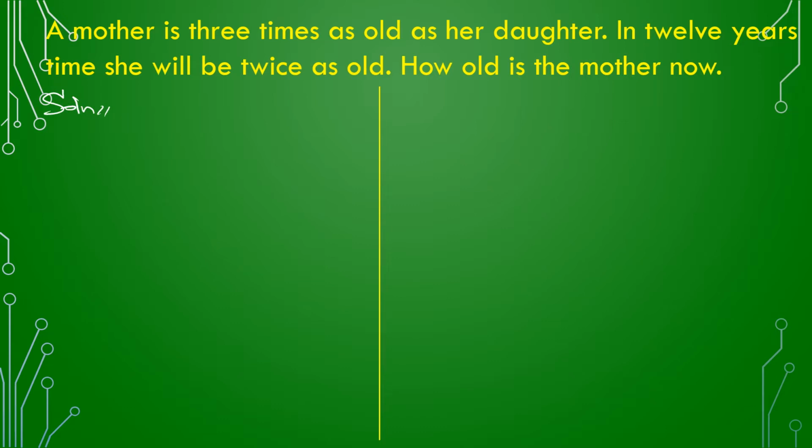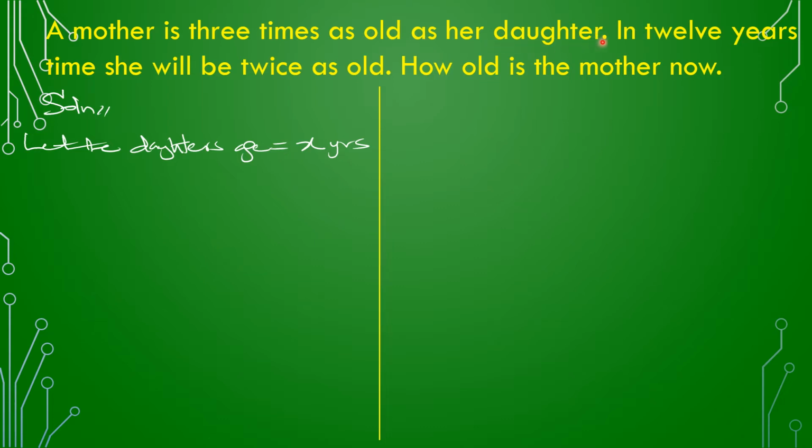The first key point says we should choose a letter to represent the required number. Now we say let the daughter's age be equal to what? X years. Now we have chosen this letter to represent the number because the question says a mother is 3 times as old as her daughter.